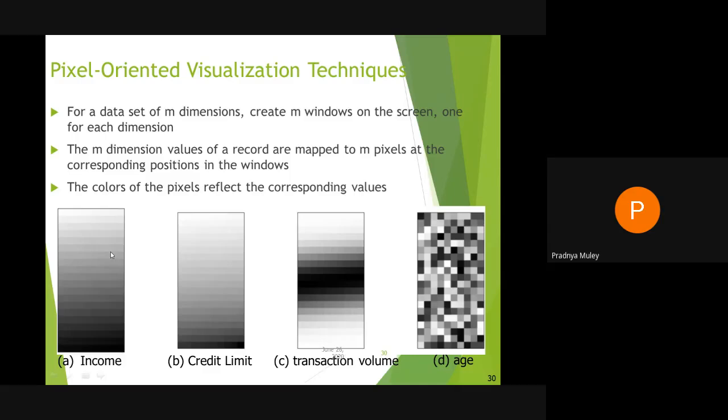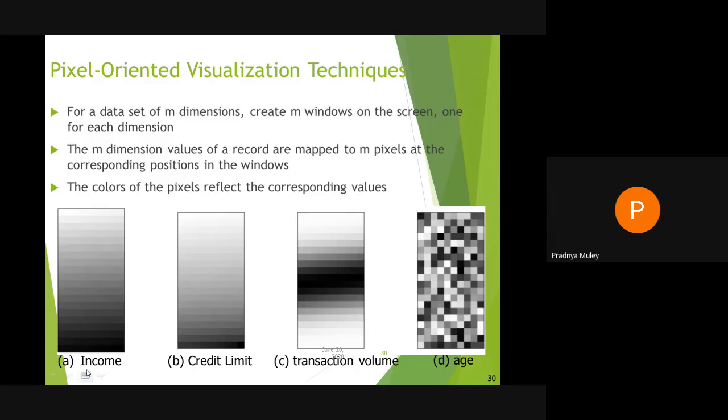For a data set of m dimensions, pixel-oriented techniques create m windows on the screen, one for each dimension. The m dimension values of a record are mapped to m pixels at the corresponding position in the windows. The colors of the pixels represent the corresponding values.